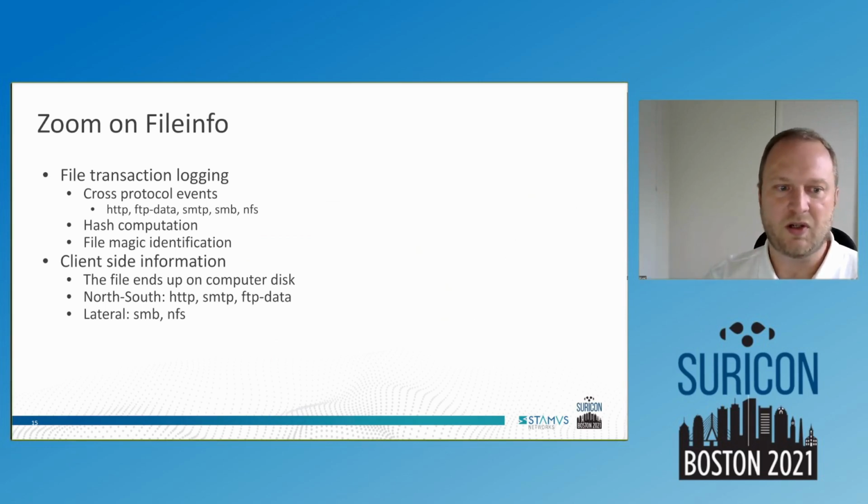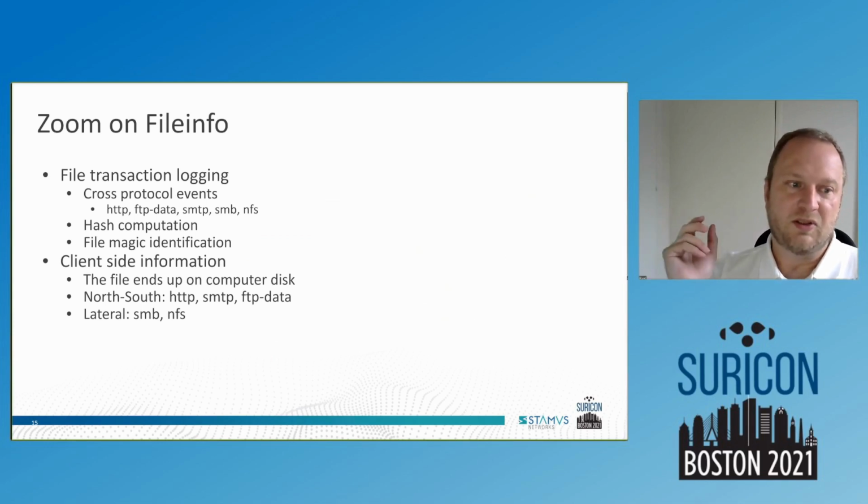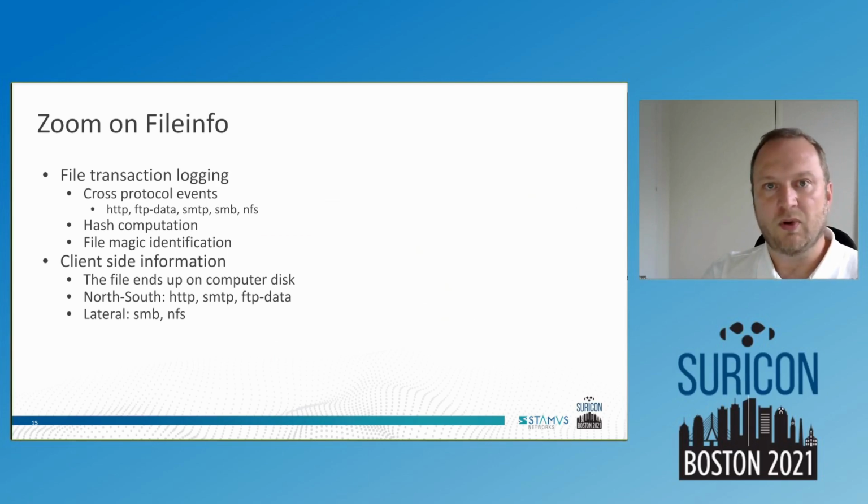So in fact, we managed to collect information from the host by just using the network. This is true for north-south traffic like HTTP, SMTP, FTP, but it's also true, and far more interesting, for protocols like SMB and NFS, where you will have transactions that can be used for lateral movement.